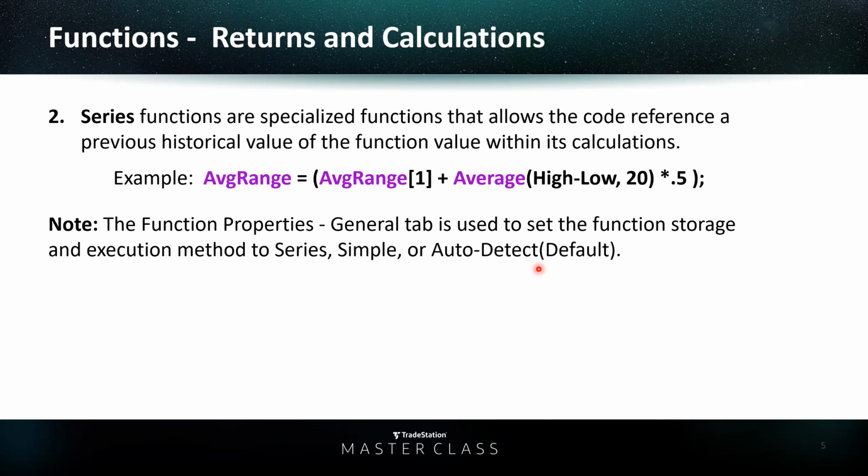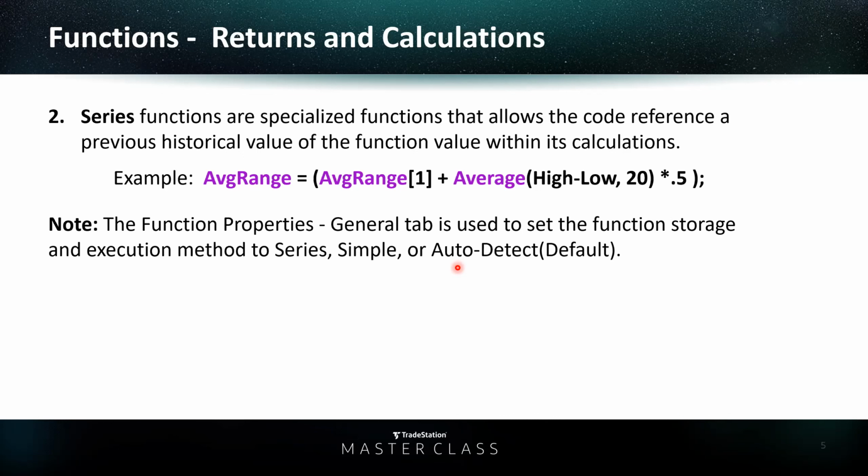If you're a programmer, you usually get into a habit of typing your variable from the very beginning. But the technology in EasyLanguage is so good that it automatically detects what type of variable it's going to be. So you're going to have a lot of places with auto detect that is going to be very helpful for those of you that are not expert programmers, because it does it automatically for you.